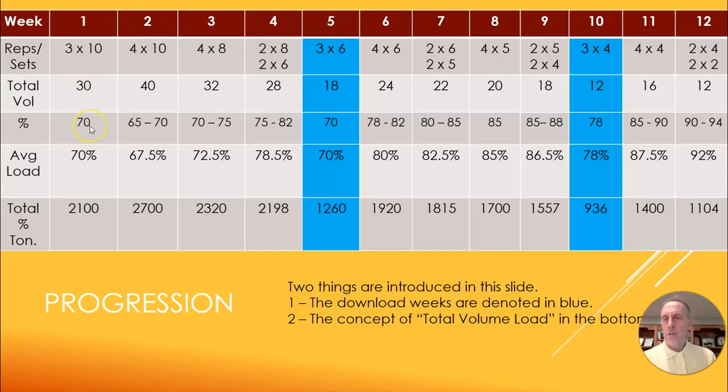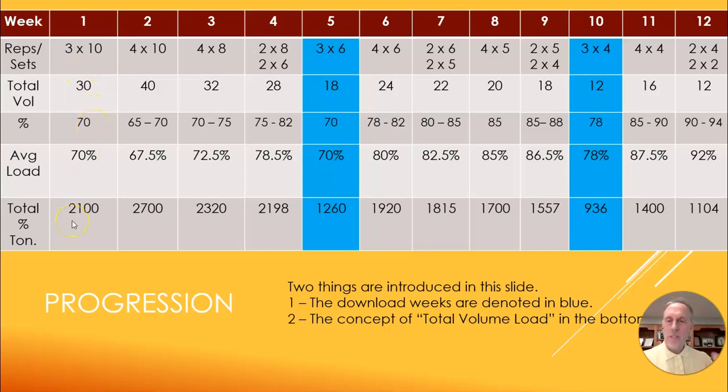And so with this, if we do an average load, this would be the load range that we would use, 78 to 82, for example, for sets of 6. So on average, you're going to be at about 80%. When we get into our sets of 4, you're going to be about 87.5% over your 4 sets, give or take. So if we do the math on that, we have 3 sets of 10, which gives us 30 repetitions at 70%.